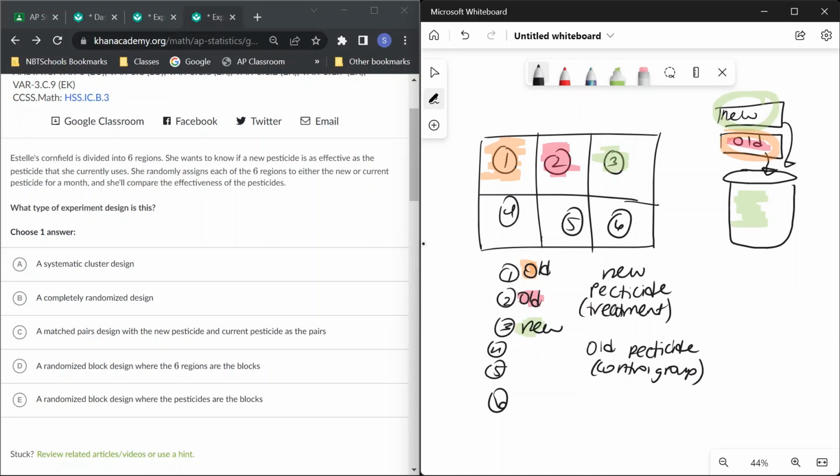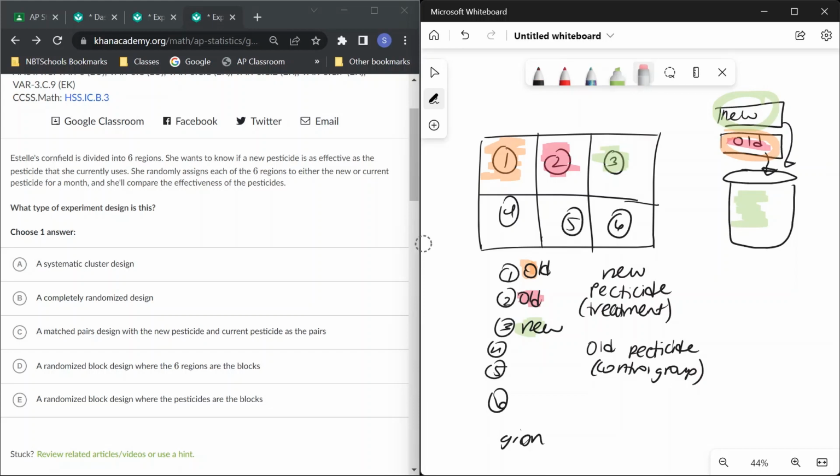So how in the world am I supposed to draw that? Because these are 2 things, like the treatment, but usually the treatments are not like that. They're not each being assigned a treatment. They're each being assigned only one treatment. So I'm assuming that we have our one region.